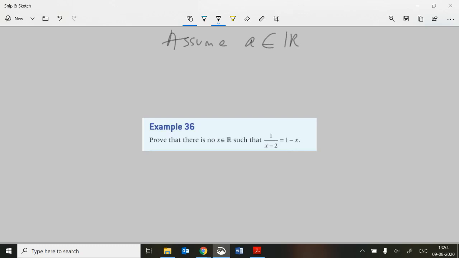Assume that there is an a that belongs to this such that 1 over x minus 2 has a real solution.